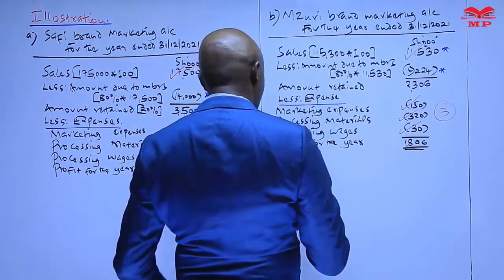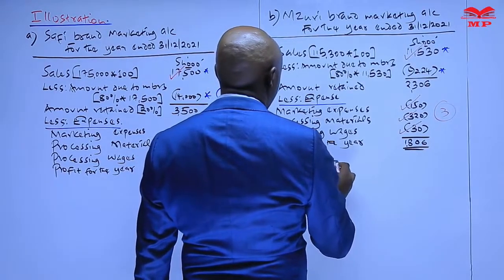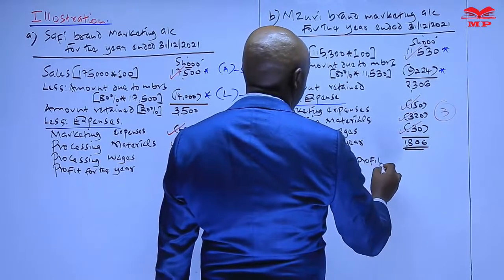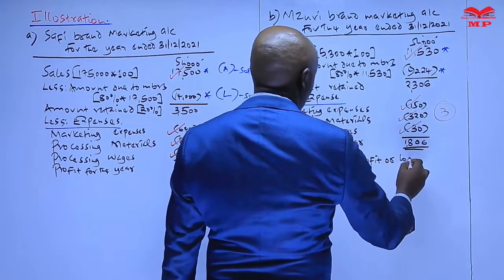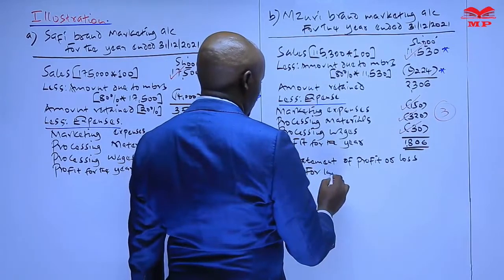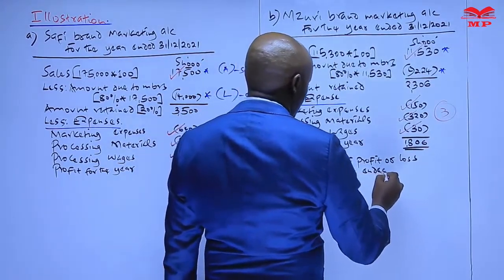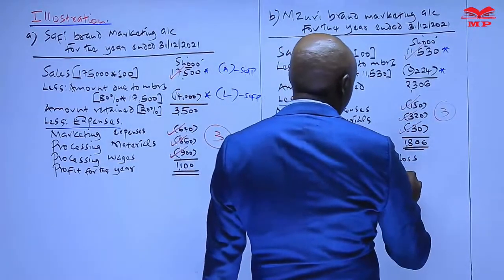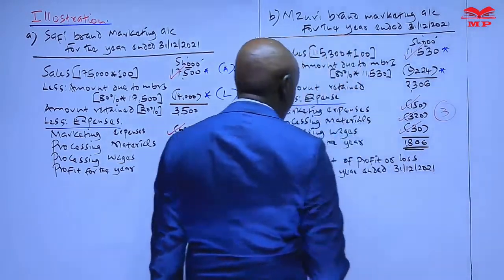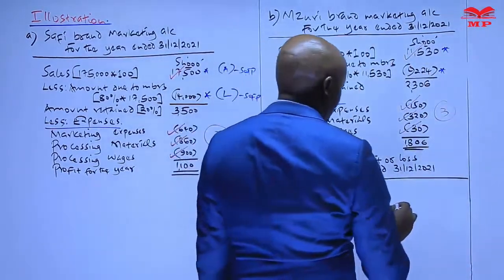So part C, we are required to prepare a statement of profit or loss, which is for the year which ended 31st of December 2021.